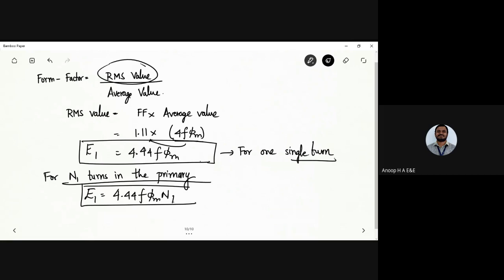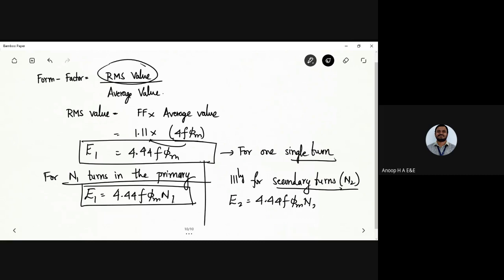Can anyone tell me what it would be for the secondary? Similarly, for the secondary turns, N2 is the number of secondary turns. E2 would be 4.44 into f into phi m into N2. So that is the secondary EMF.